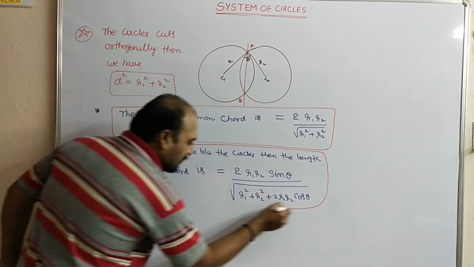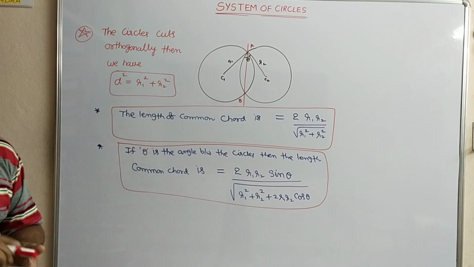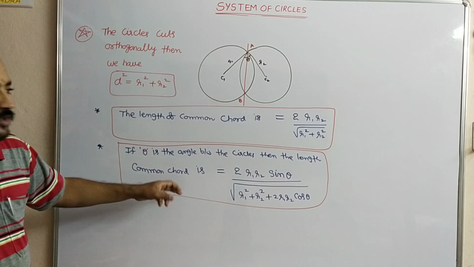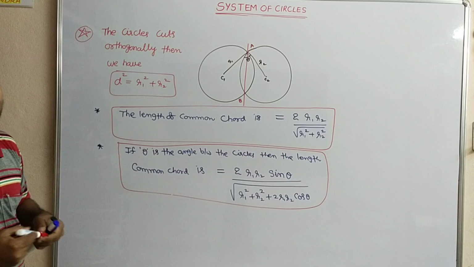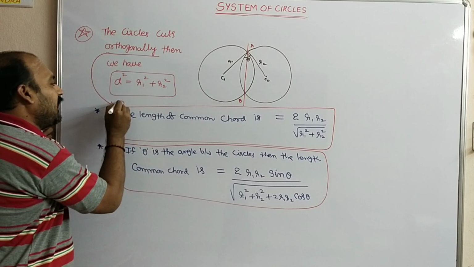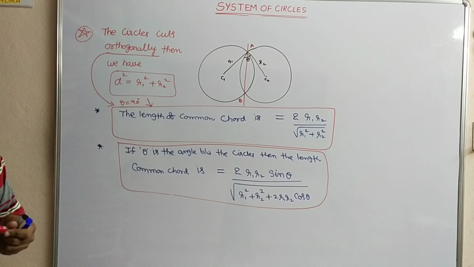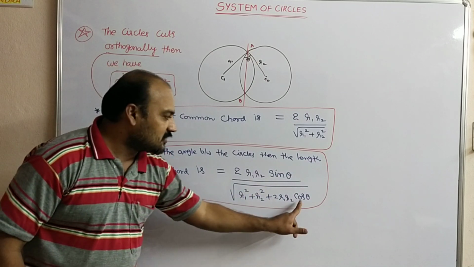Actually, from this basic formula only we can get it. See, this case is a particular case of this one, no? If theta is 90 degrees, that is orthogonality, then substitute theta equal to 90: sin 90 is 1 and cos 90 is 0.